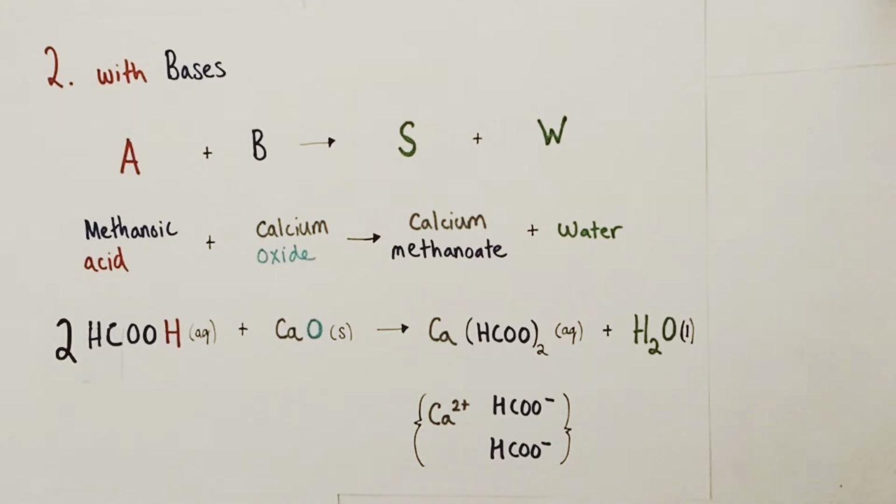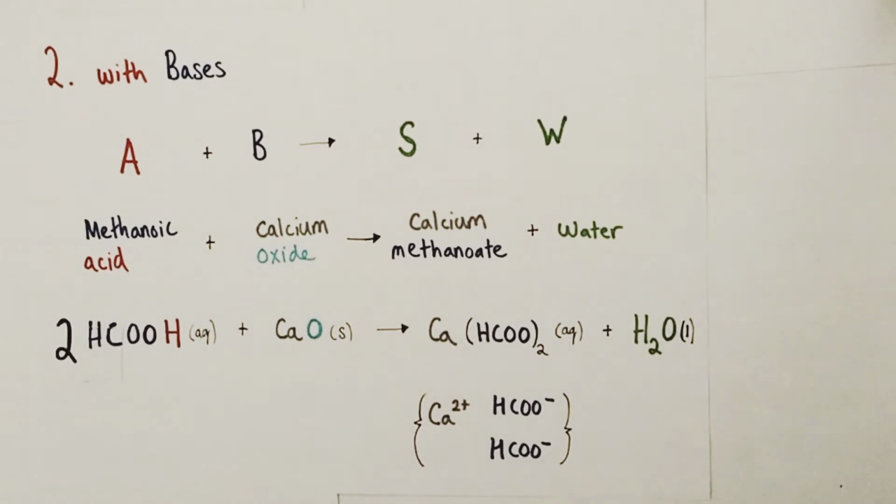I would need 2 -1 methanoate ions to cancel out the charge of a calcium 2+ ion. Hence why the formula is Ca(HCOO)2, because I need 2 of the -1 methanoate ions to every 1 2+ calcium ion to create that formula.